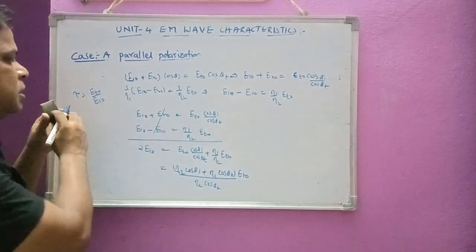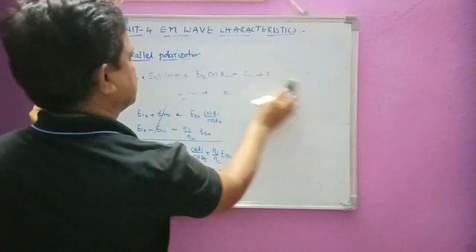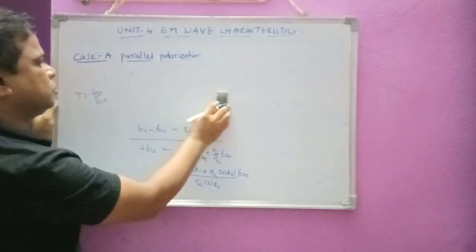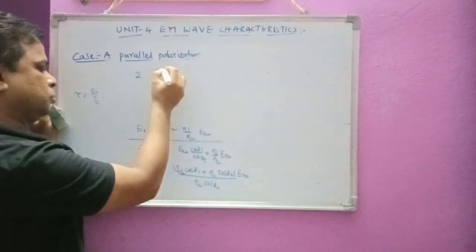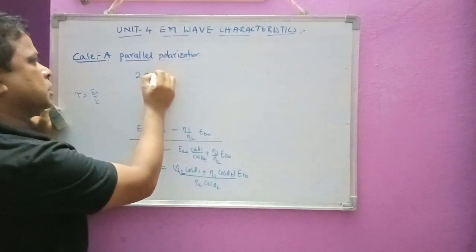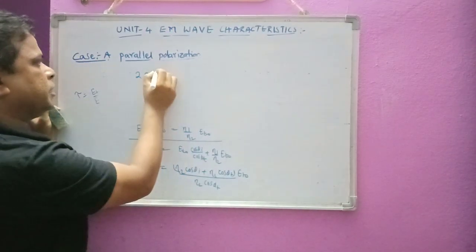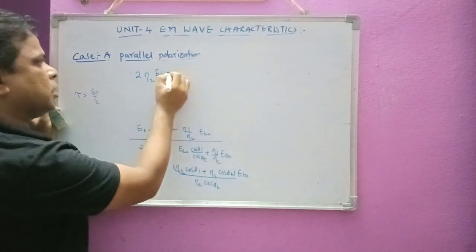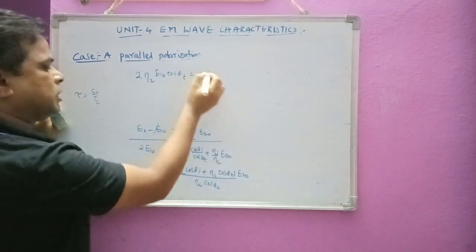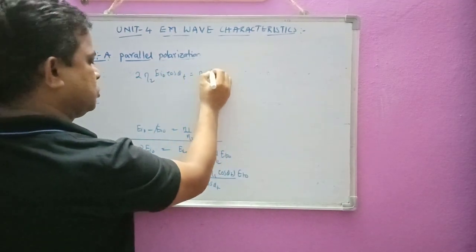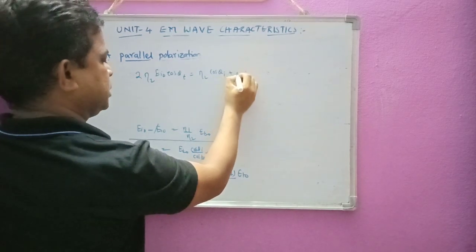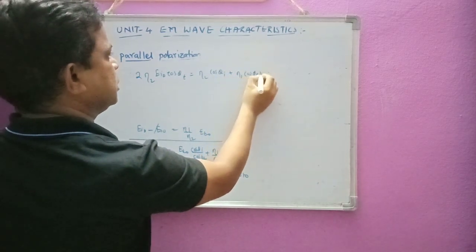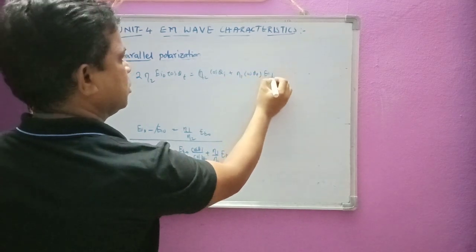Now if I cross multiply this equation, it will be equivalent to 2 eta 2 EI0 into cos theta t, that is equivalent to eta 2 cos theta I plus eta 1 cos theta t into ET0.